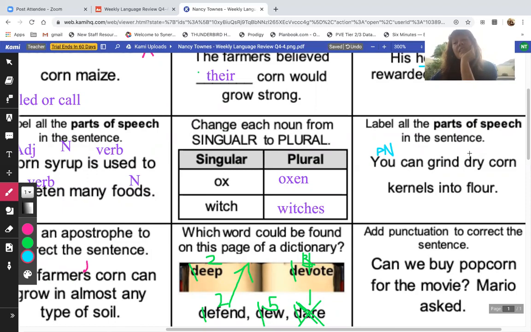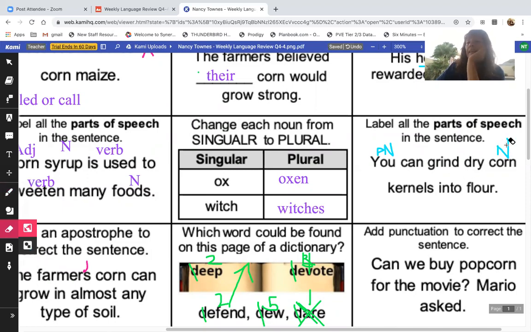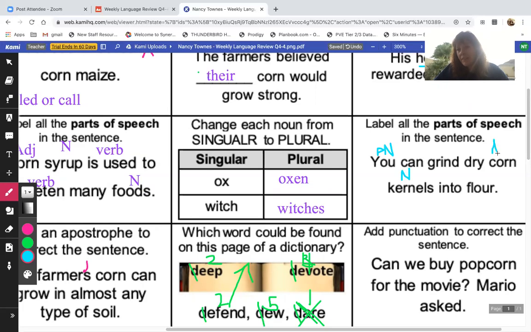Person, place, thing, or idea. Dry, no. Corn, yep, that's a noun. Kernels, oh, I think corn describes kernels. So I'm gonna switch that. So I think that kernels is the noun and corn is describing what kind of kernel. So that would be an adjective.